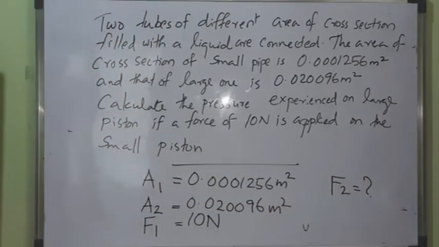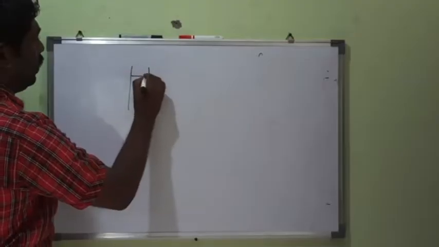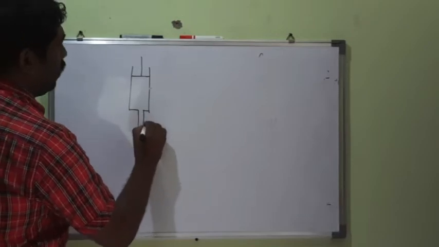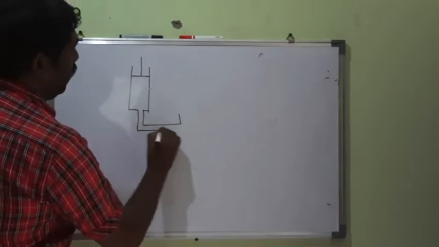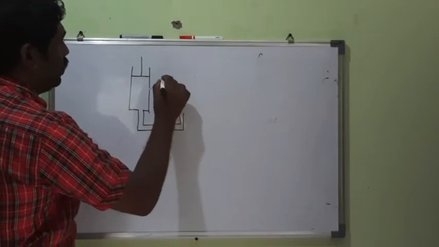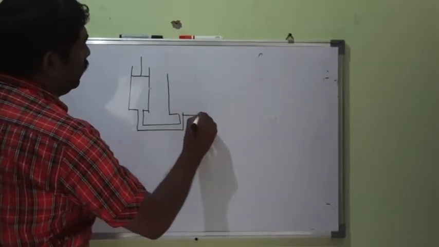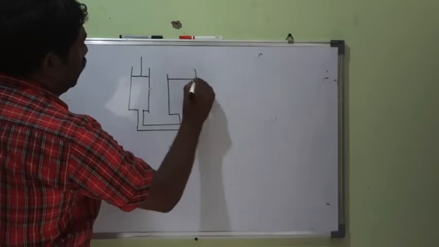What is the equation? Suppose this is the first piston and it is connected using a liquid, and this is the second piston, the large one.